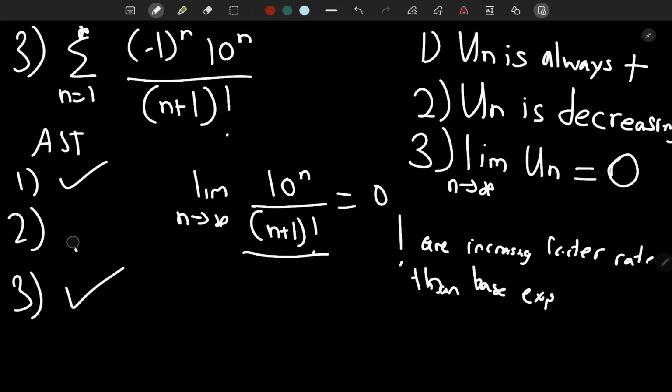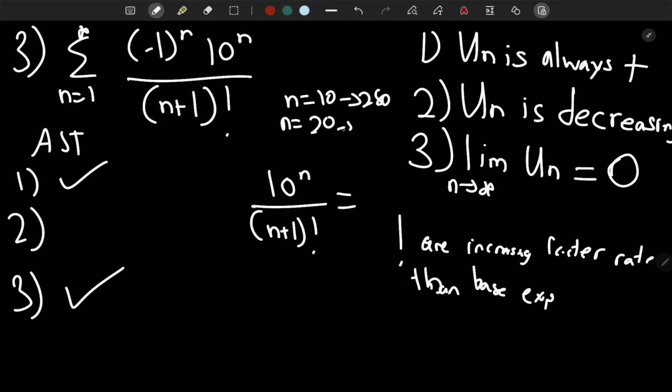Now if we go back to the second condition and substitute, let me try 10 and I'll check the answer. So I substituted n as 10 and we got the answer of 250. Now let's try n to be 20 and see what the answer is.